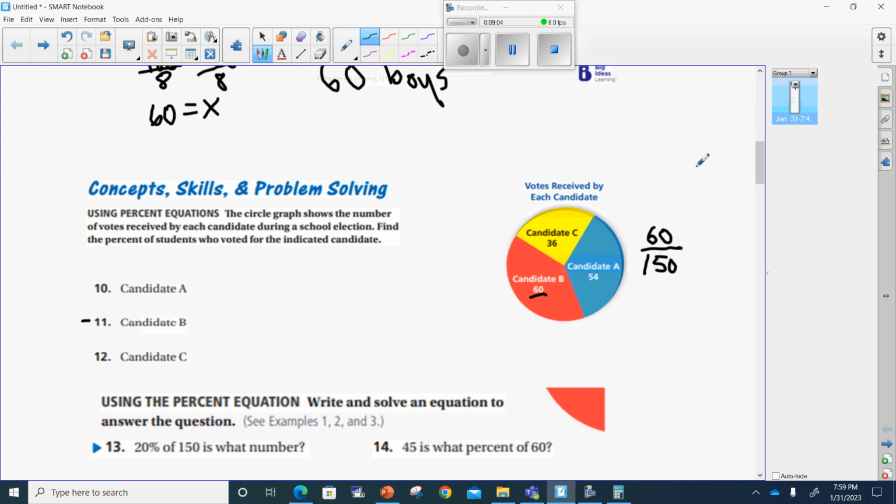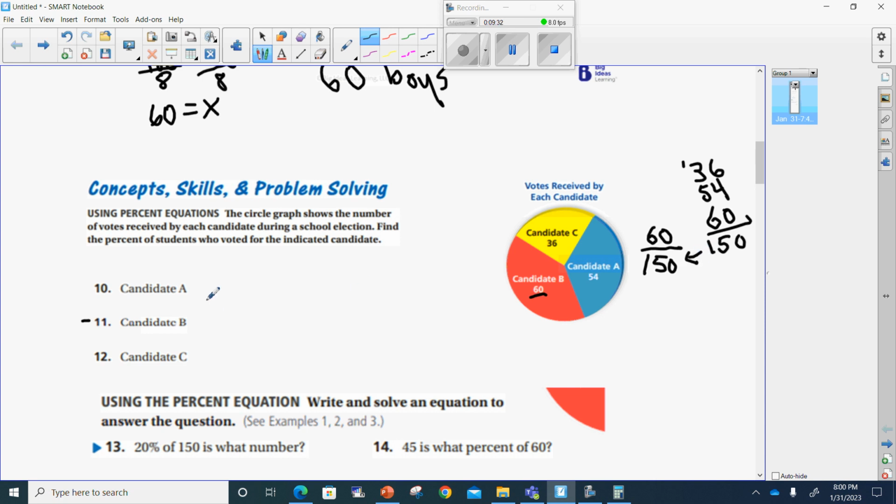In case you didn't catch that, I'm adding up all these, 36, 54, and 60 to find out how many total people voted. Right, that's where we got that from.